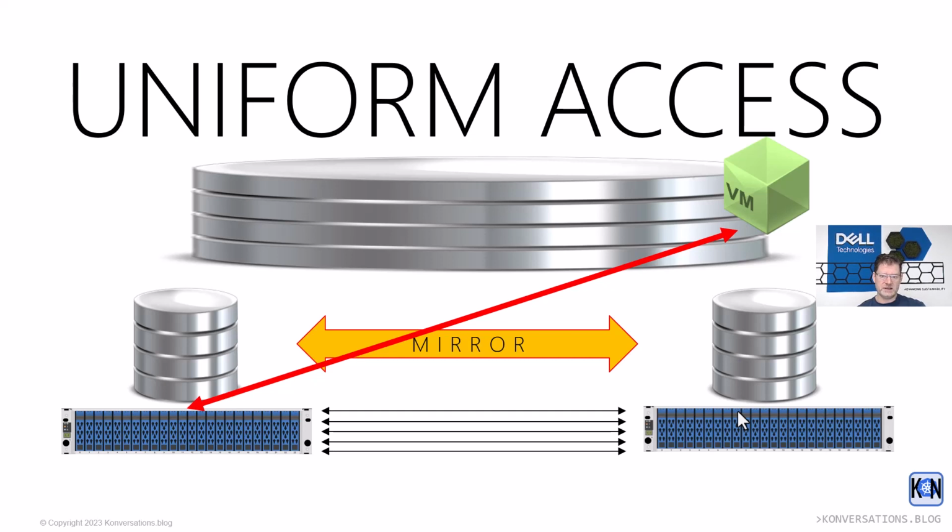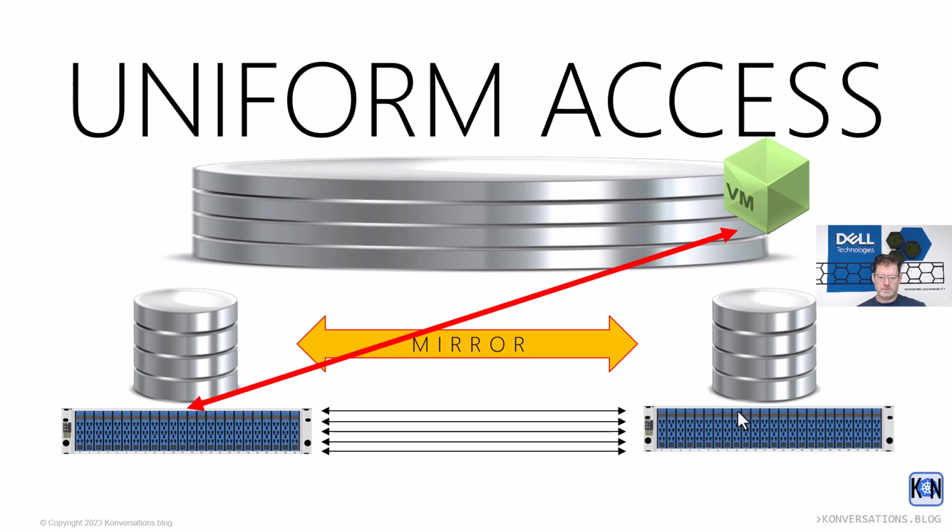So I just inserted a single point of failure in my environment, which is probably not something you'd want if you're doing Metro. If you're going to so much trouble to get a Metro solution, you probably don't want to introduce single points of failure. So this is uniform access.